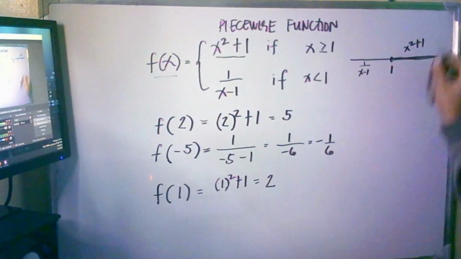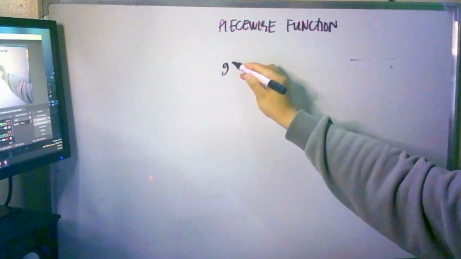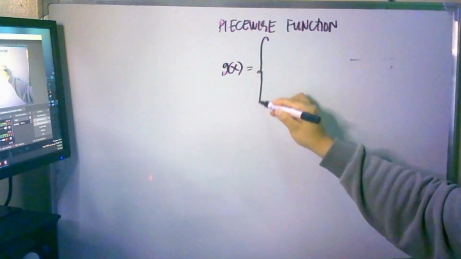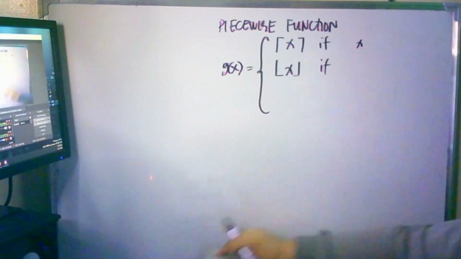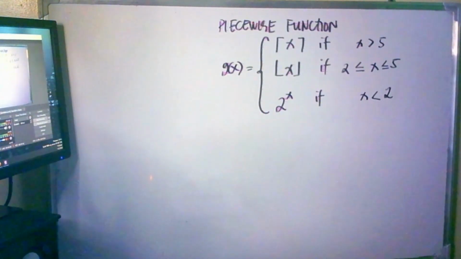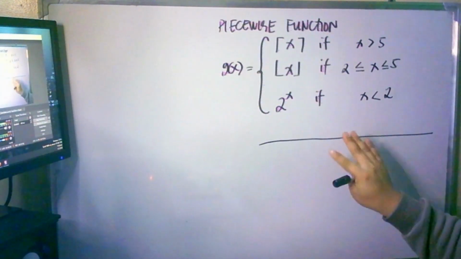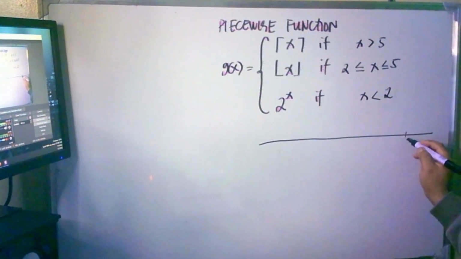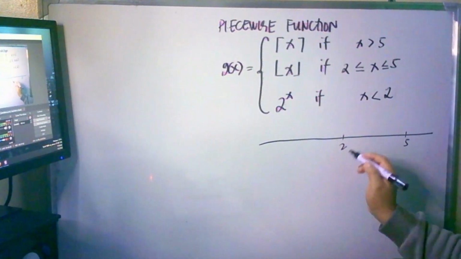Sige, let's provide an example. This time, let's name our function g of x para hindi laging f of x. So basically, in our x-axis, it's divided into 3 regions. It's at 5, it's at 2, and that's it.